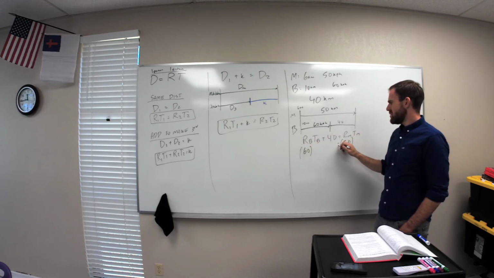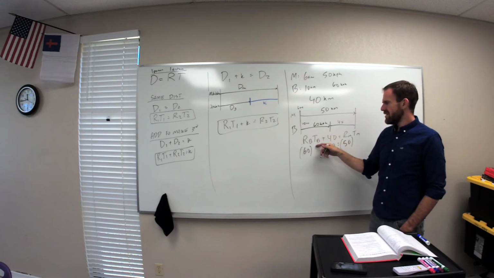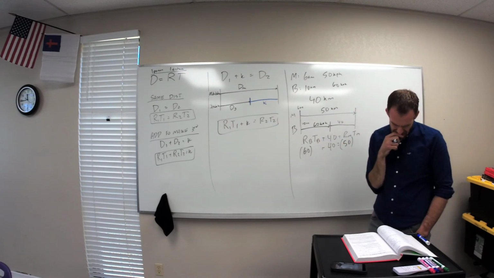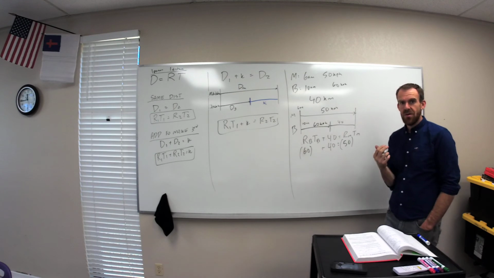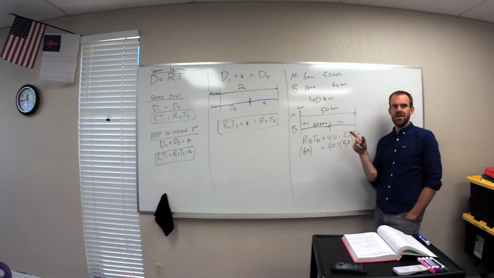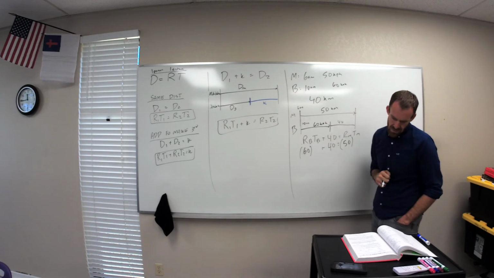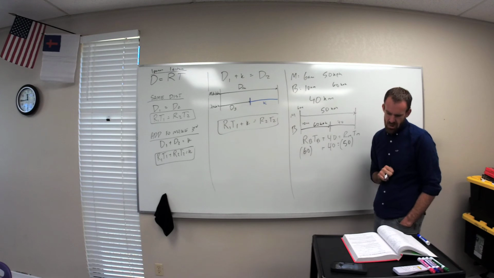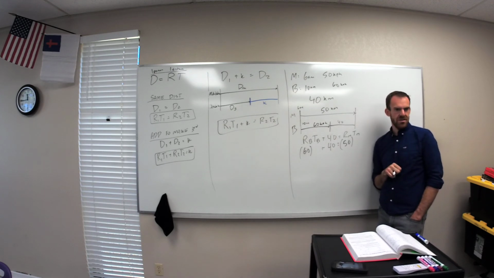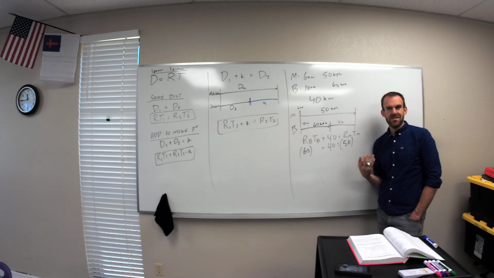We have 40. And now we need to find how long did it take. So, which time am I solving for? TM or TB? TM. They want to know what time was it when Beauregard got within 40 kilometers. So it really doesn't matter. You could solve for either of them and then just figure out what time it was.